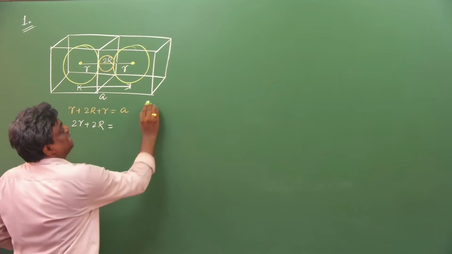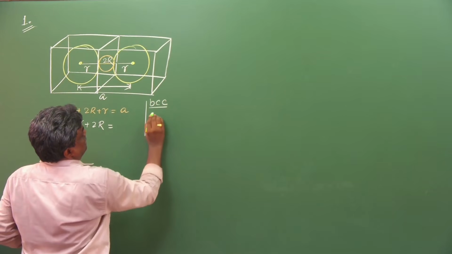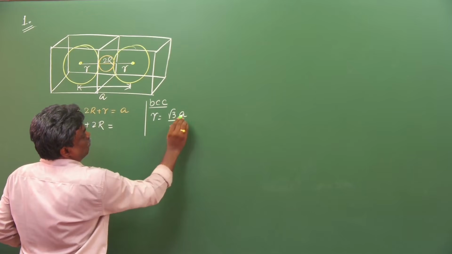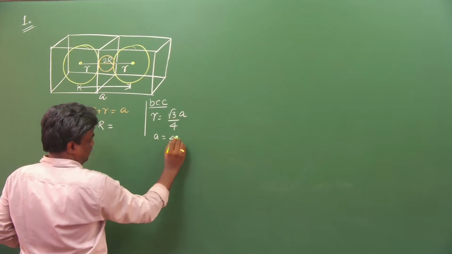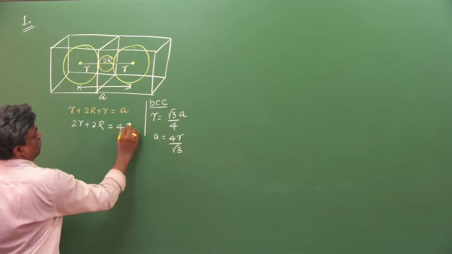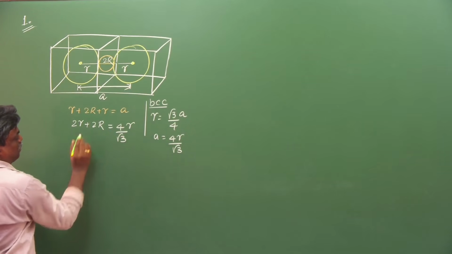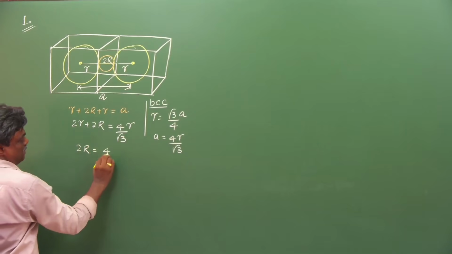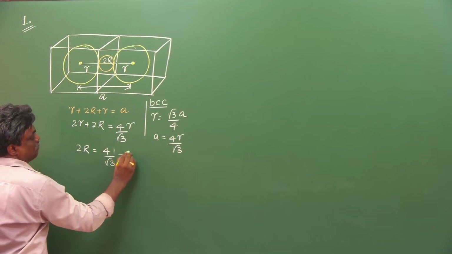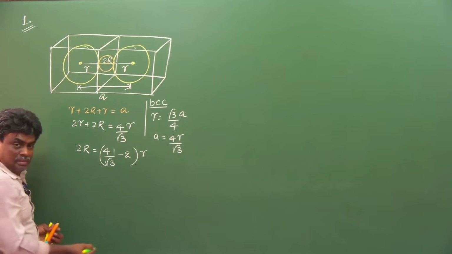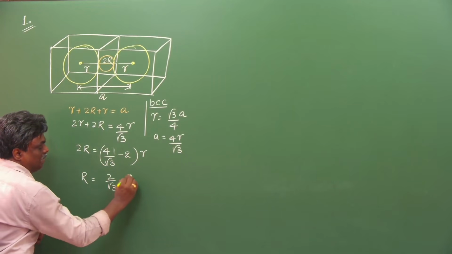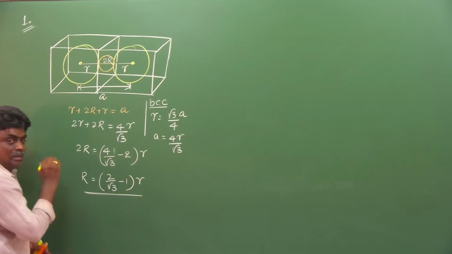For BCC, radius of the atom, what is a? a equal to 4r by root 3. What do you want? 2r. So 2r equal to 4 by root 3 minus 2, into 2 cancel, r equal to 2 by root 3 minus 1 into r.